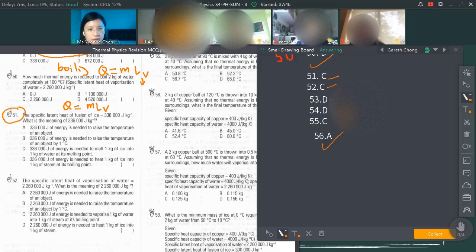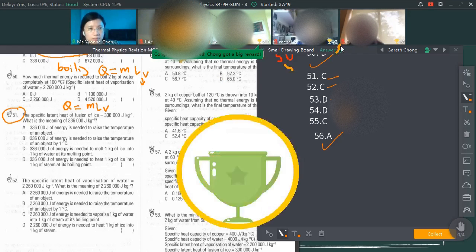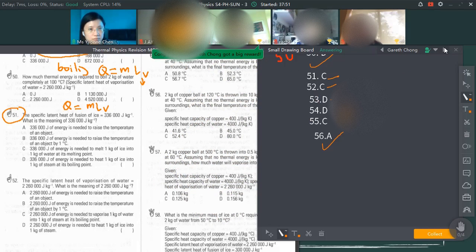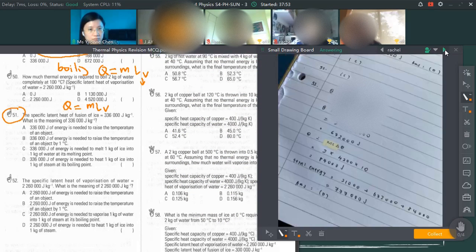With 56, Gareth, well done. Rachel, well done for 51 to 53.